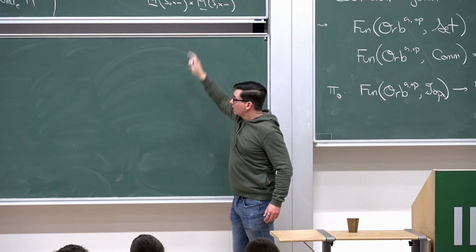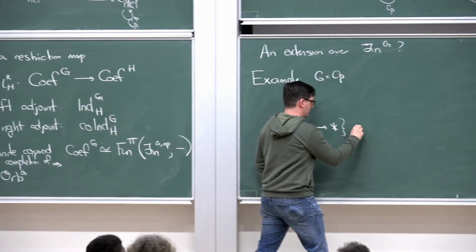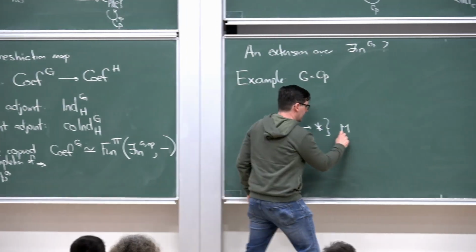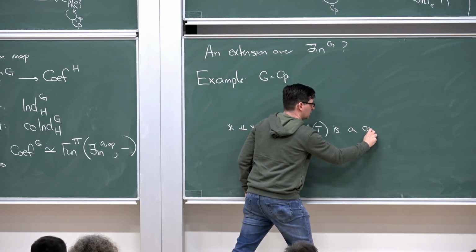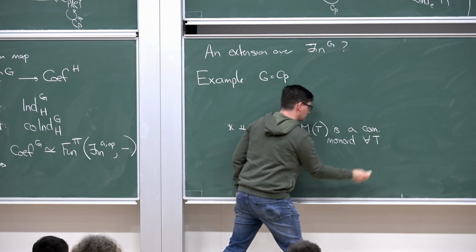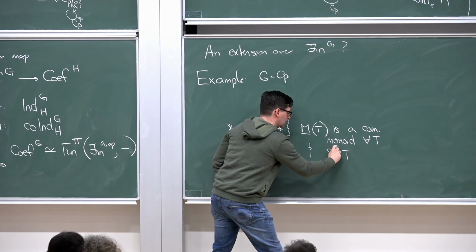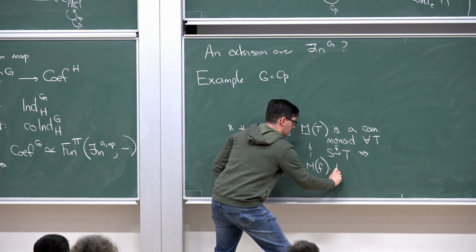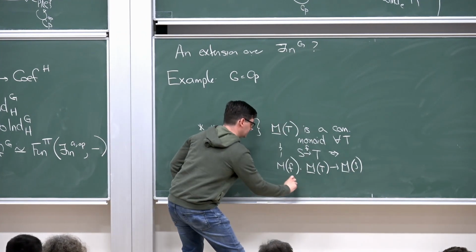And when I think about what that's going to do on this side of the diagram, I use this product preserving nature, and this says that even if I had started with a coefficient system of sets like I was doing here, I get that M of t is a commutative monoid for all t, and my restriction maps, if I had S goes to T, then the restriction from M of T to M of S is a map of commutative monoids.